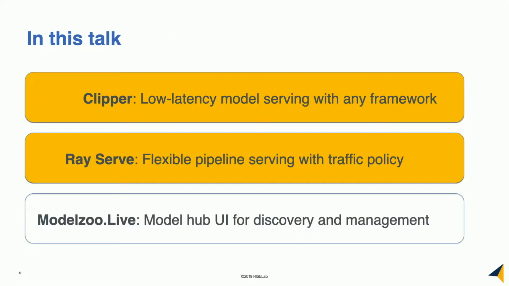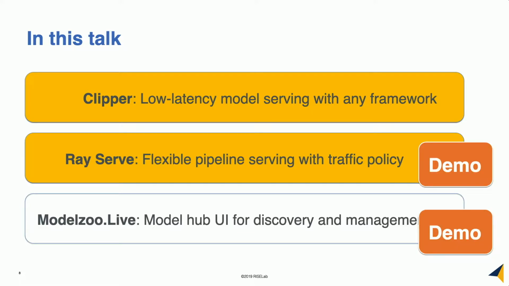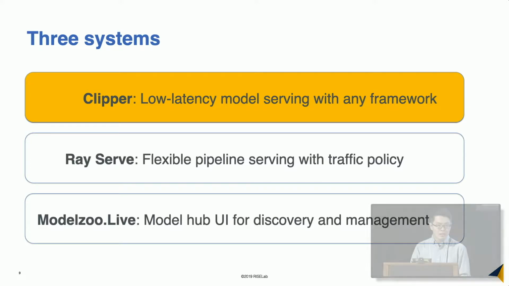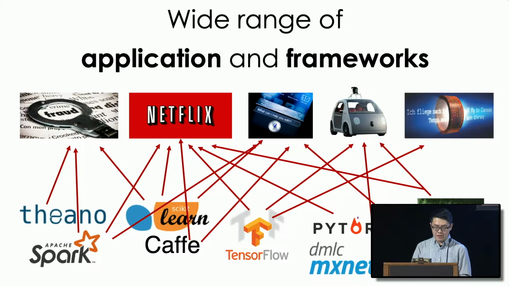Let me start by talking about Clipper and RayServe, and then I'm going to do a demo. Clipper is a low latency model serving system. The problem we were really trying to address at the time we were developing Clipper is that there is a wide range of applications and frameworks, and there is this M times N problem of matching applications to different frameworks.